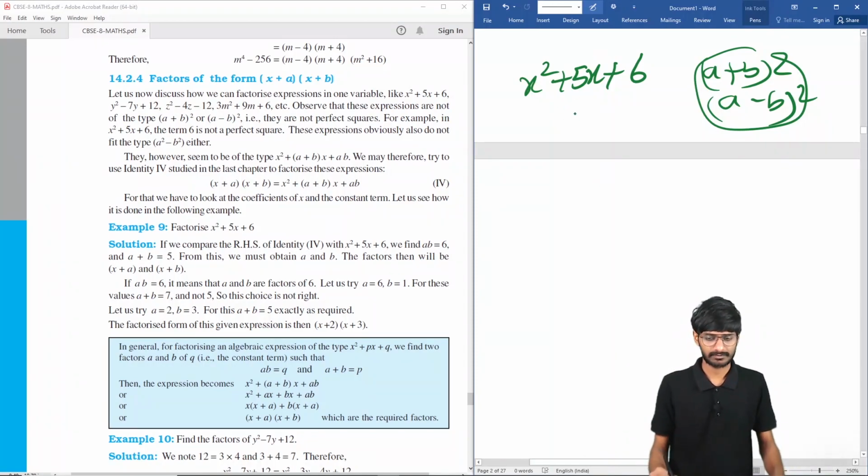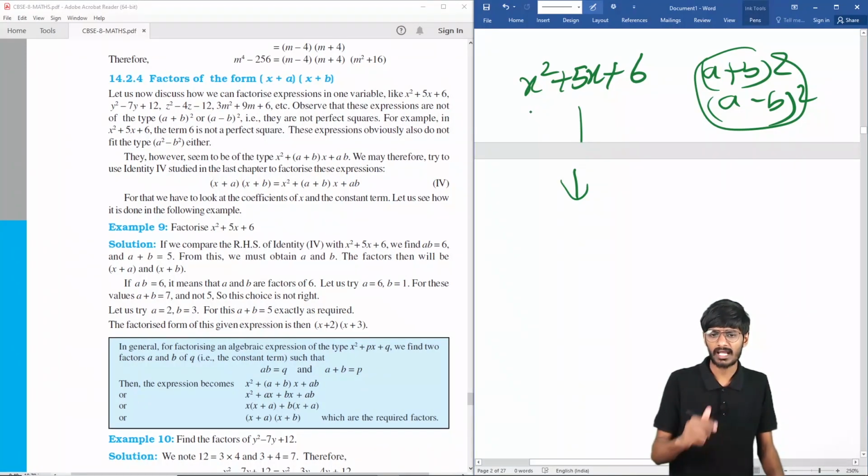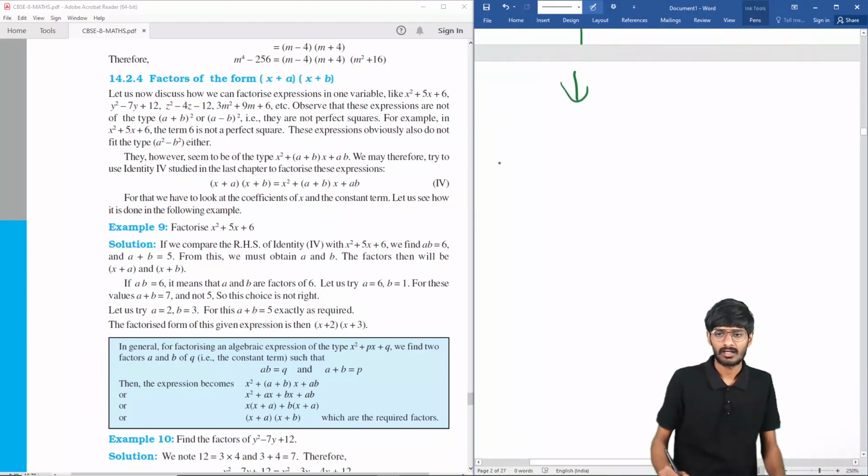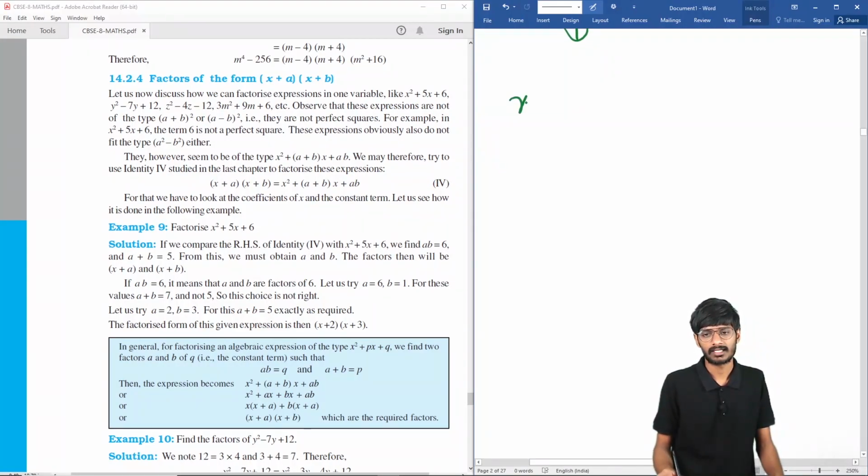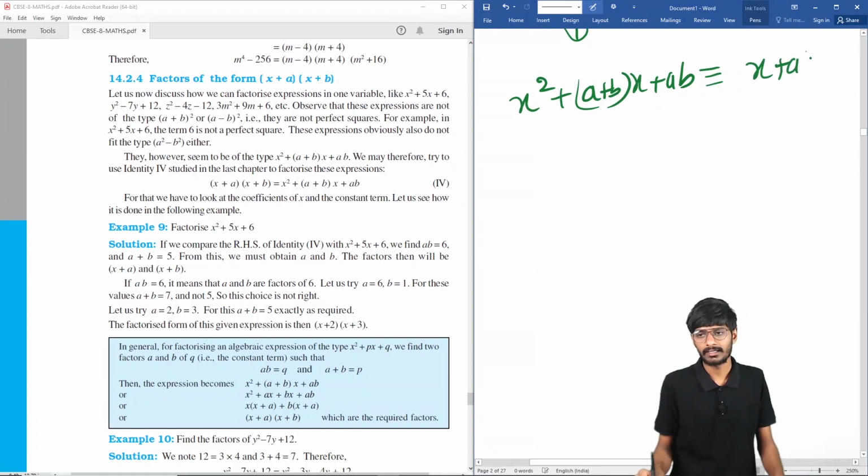In this type of example, we are using one identity. Okay, students, that is x square plus a plus b into x plus ab is equal to x plus a into x plus b. You have to remember it, it is one of the most important things.